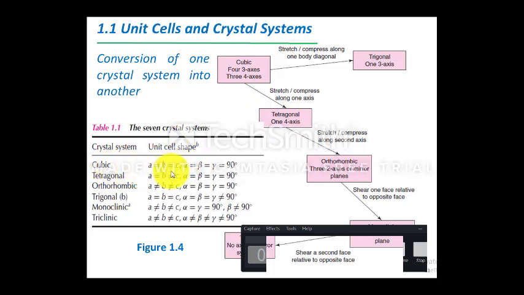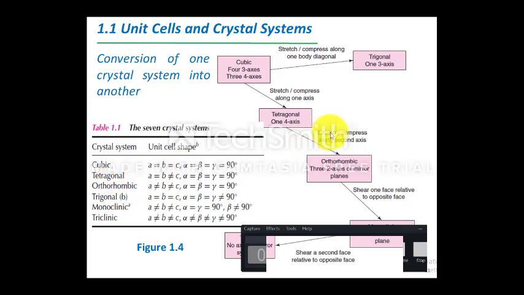For cubic, all of the lengths are equal and all of the angles are also equal, and they are equal to 90 degrees. So if we stretch or compress the cubic system along one axis, it is converted to tetragonal. By compressing or stretching the cubic system along one axis, one length changes, and A is equal to B, which is not equal to C, it becomes tetragonal.